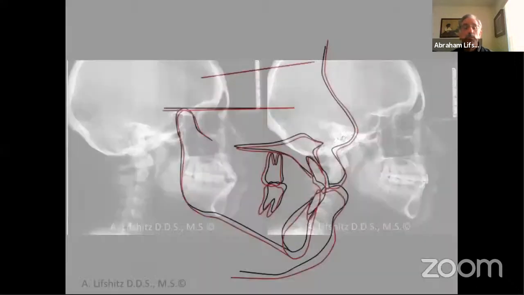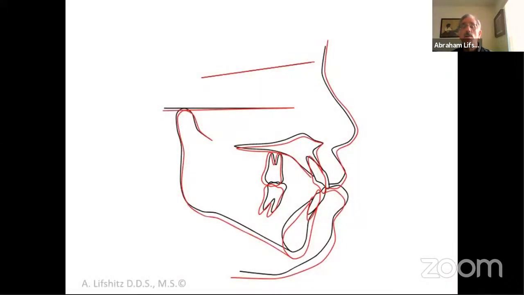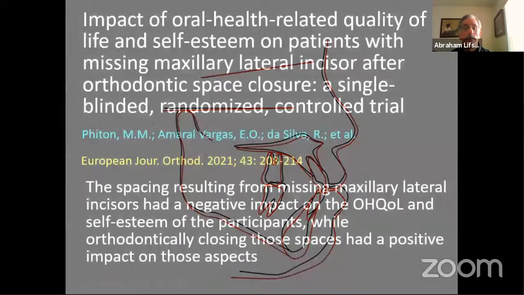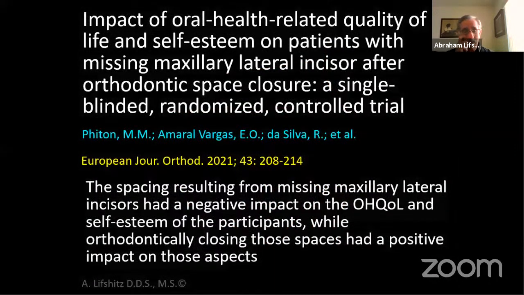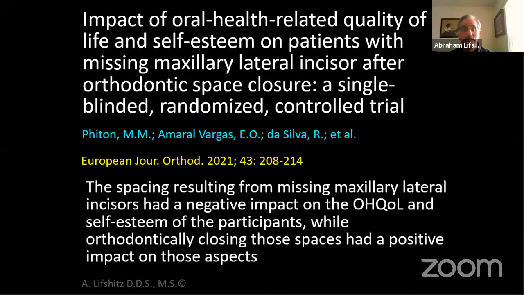And this is the WEBCEPH overall superimposition, in which we can see the amount of retraction of the incisors and the change. There was no big change on the profile. So what is the impact of oral health quality of life and self-esteem on patients with missing lateral incisors after orthodontic space closure?